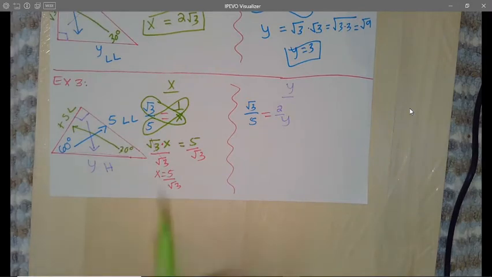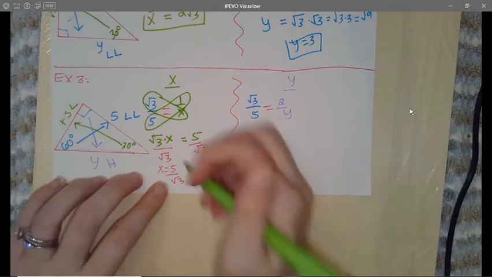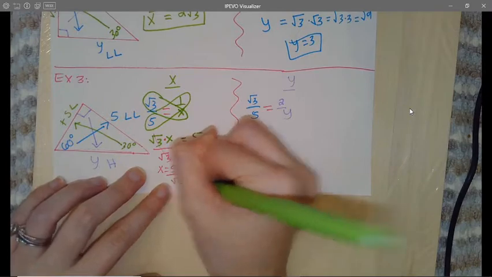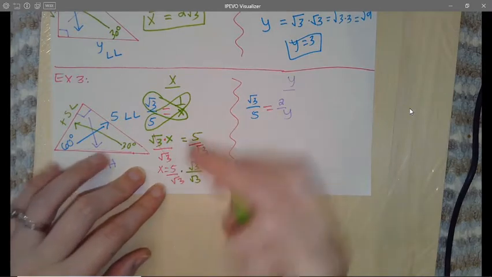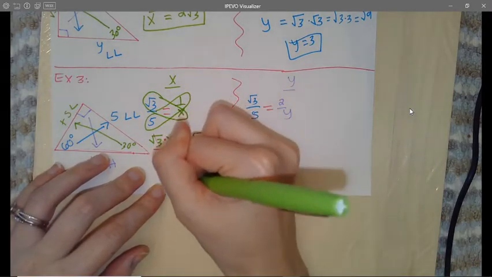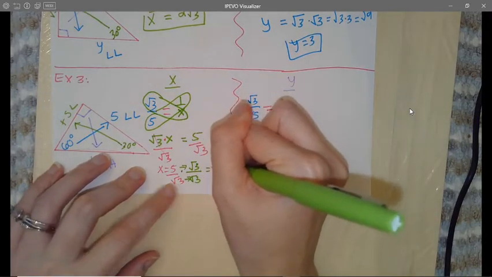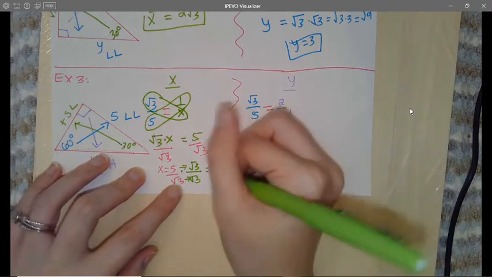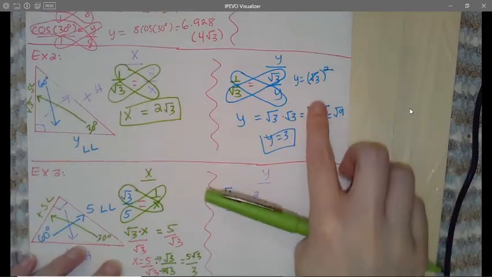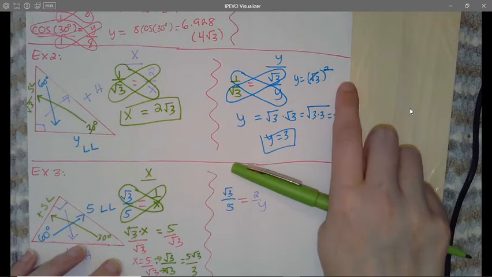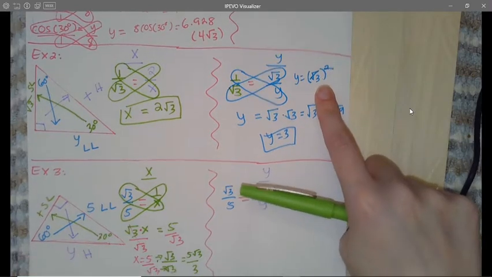I'm going to rationalize the denominator and multiply the numerator and denominator by the square root in the denominator. I'm going to multiply straight across. 5 times root 3 is 5 root 3. And root 3 times root 3 is simply 3. Just like up here, root 3 squared, the square root and the squared cancel each other out, and you're left with the number on the inside.